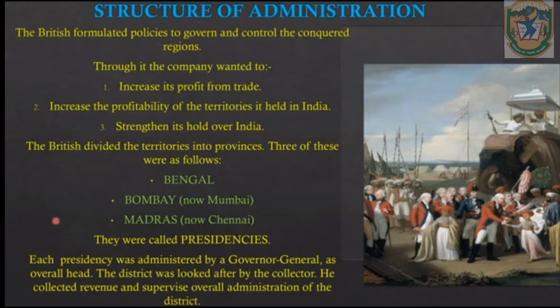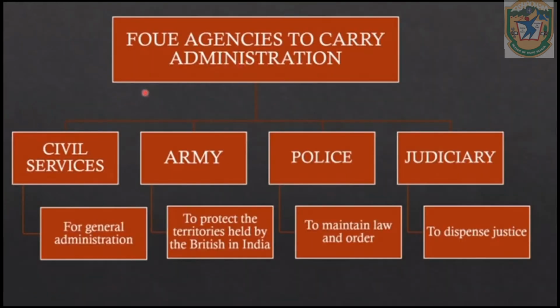of the district. Now, to carry out the administration, the British had four main agencies, and as you can see in the flow chart given on the screen, the four agencies were the civil service, the second one army, the third one police, and the fourth one judiciary.